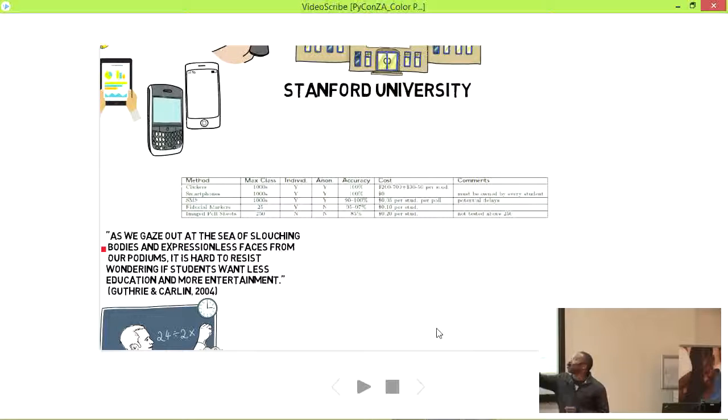Then we looked at the cost. Clickers cost anything up to 200 US dollars, and the low-end ones can be about 30 to 50 US dollars per clicker. So you're now looking at the African demographic and saying, can universities afford this? Yes, no, some universities can.